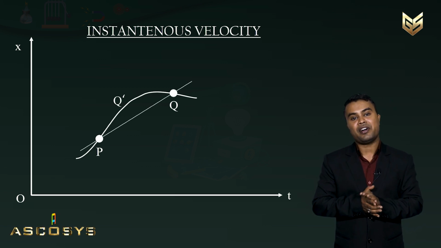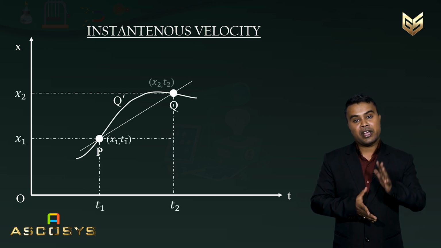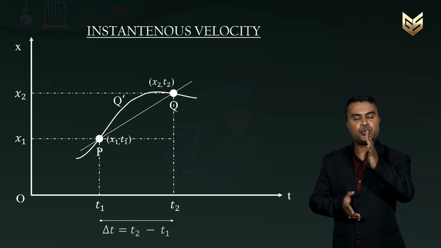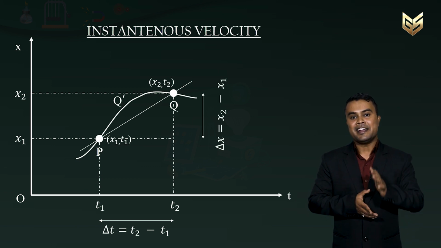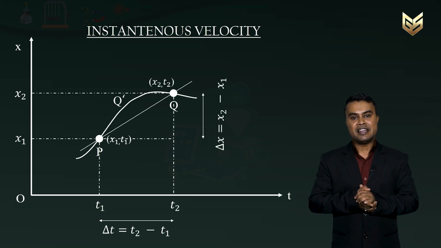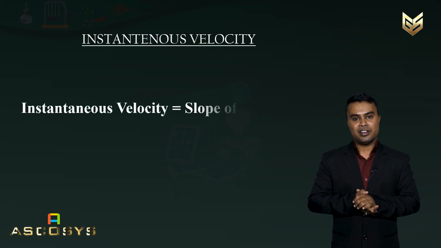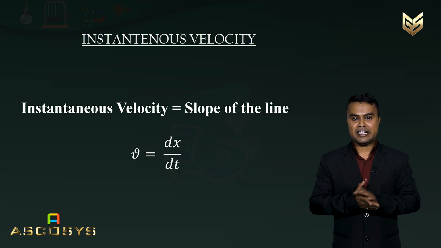Now, how are you going to find out its instantaneous velocity? Again, we have to take the concept of slope. Suppose a student wants to know at point Q dash what will be its instantaneous velocity. Simply you are going to do the slope. What is slope? That is tan theta, delta x by delta t.